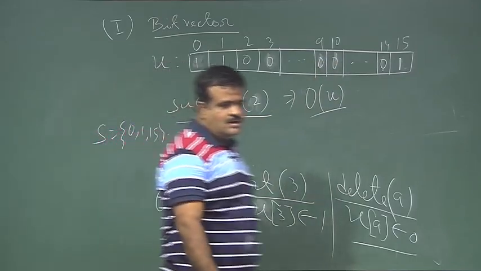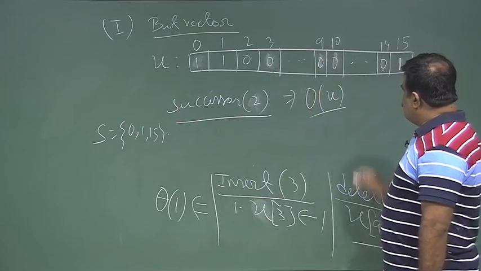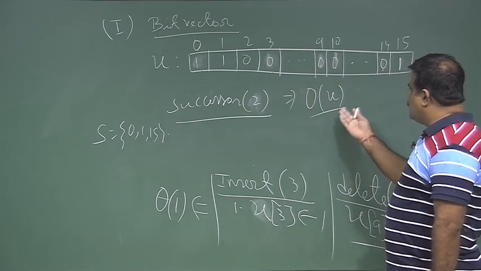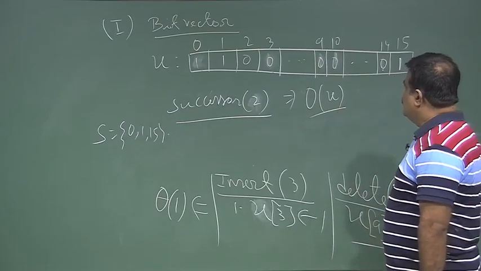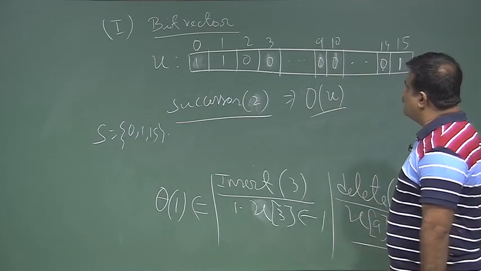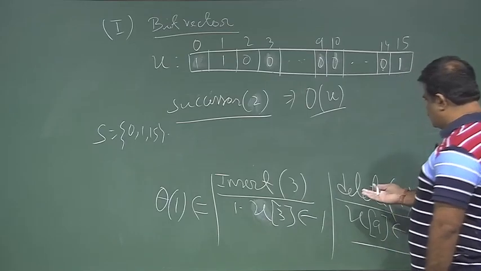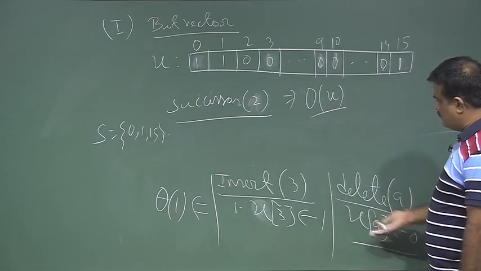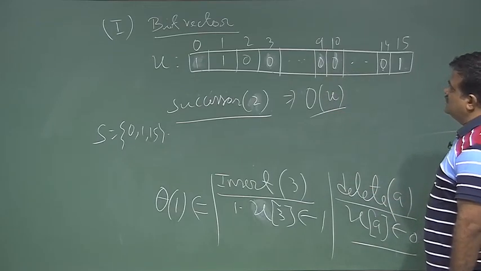So that will take order of u. But this is not even log u. We want to achieve log u, but anyway this is a good starting point. This is a very simple data structure because deletion and insertion are very powerful, just constant time, but the only problem is with the successor.